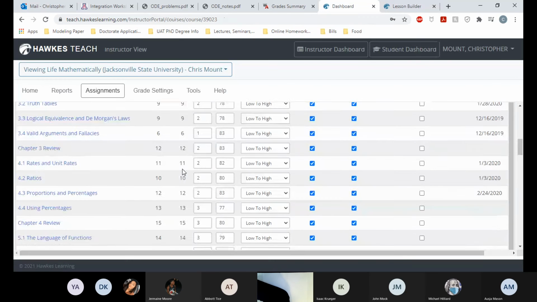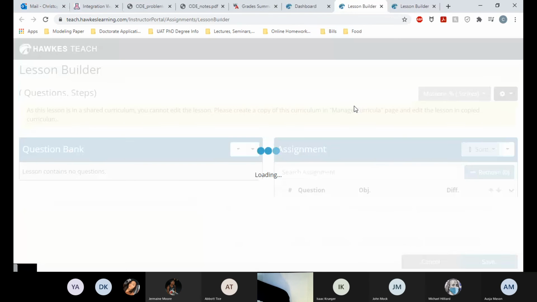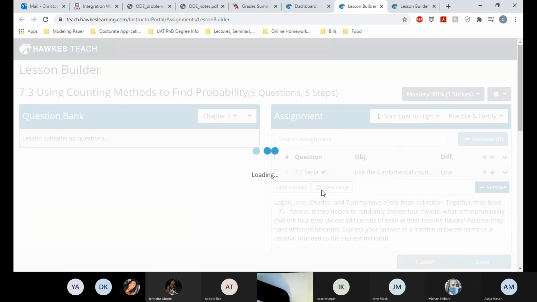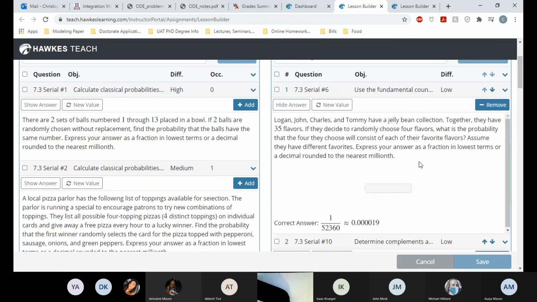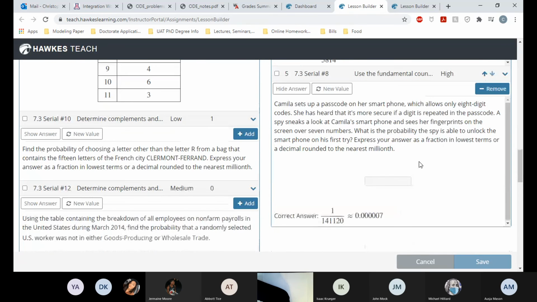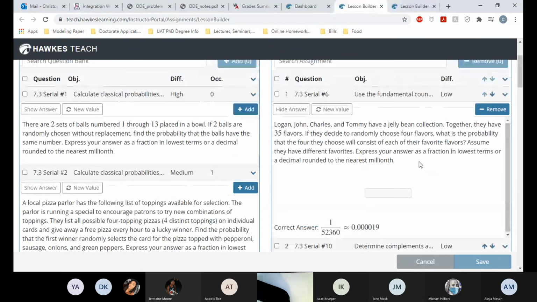All right, let's look at 7.3 now. Okay, again, just looking at the right side here. How many are there here? 5, okay. Logan, John, and Charles and Tommy have a jelly bean collection.